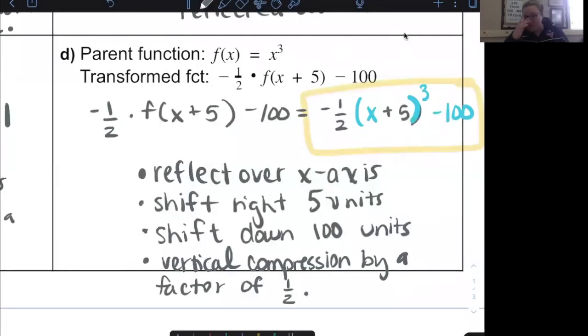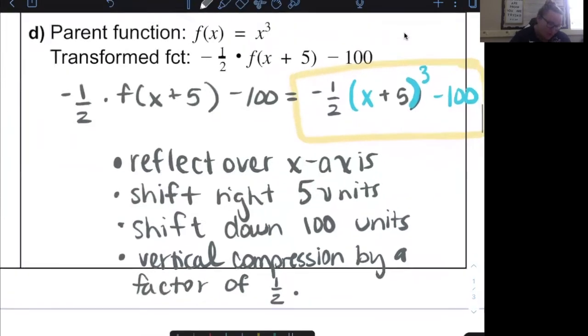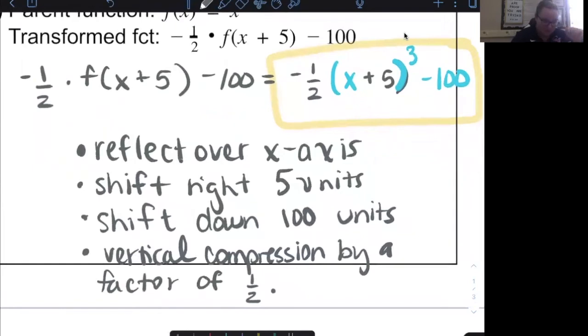Okay, so your transformed function should look like -1/2 times (x plus 5) to the 3rd minus 100. So then we have 4 transformations that occurred here. The first being this negative reflects us over the x-axis.